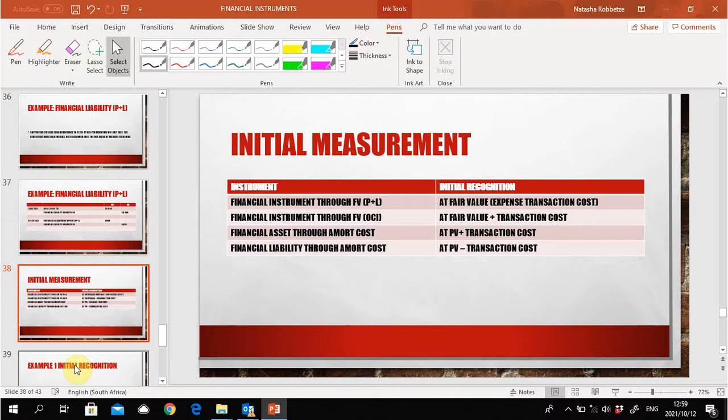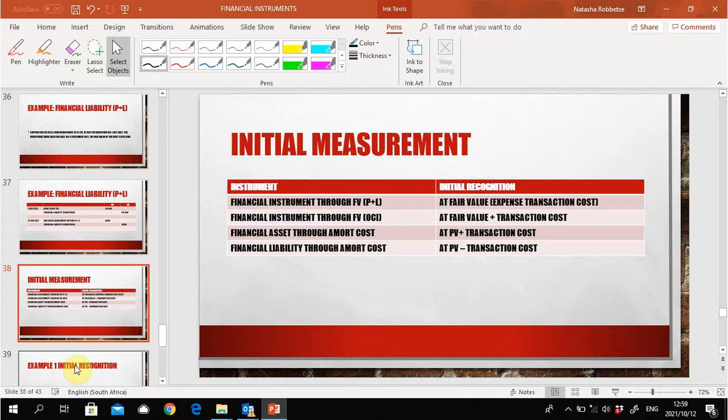There's a lawyer fee, a broker fee that you have to pay. That is really interesting. And the question was then with IFRS 9, but how do I treat this transaction cost? So if you have to pay an additional fee, it's like a service fee, a help fee, a broker fee, so that you can obtain this asset or issue this liability. How do you treat that fee, that transaction cost?